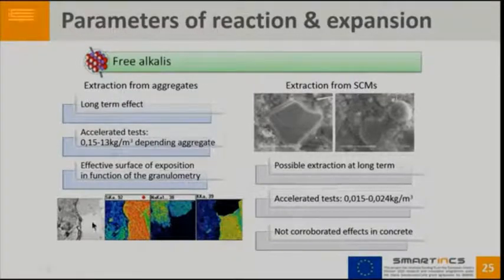Here we can see the contribution of different fly ash. This is the aggregate, and this is the cement paste, and we can see that fly ash particles produce alkali silica reaction products close to the interface.